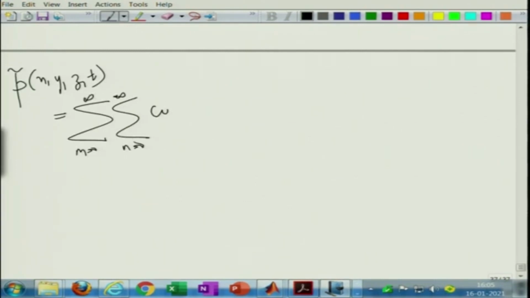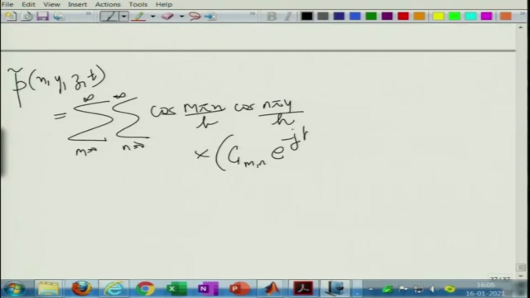So, here you have your cos of m pi x by b times cos of n pi y by h into C1 mn into e to the power minus, now this something has to be paid attention to, this is plus.